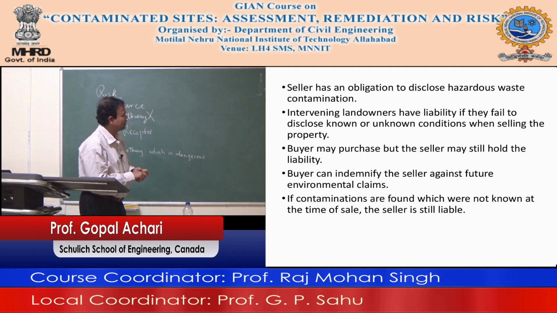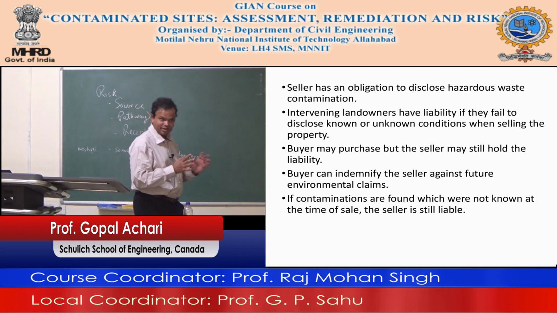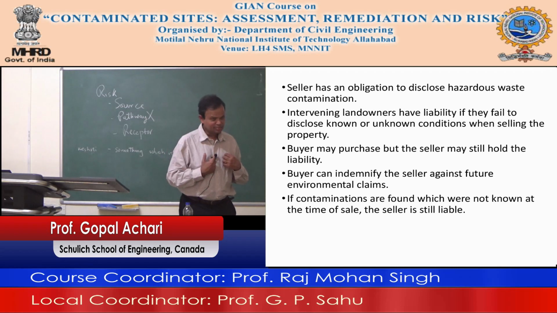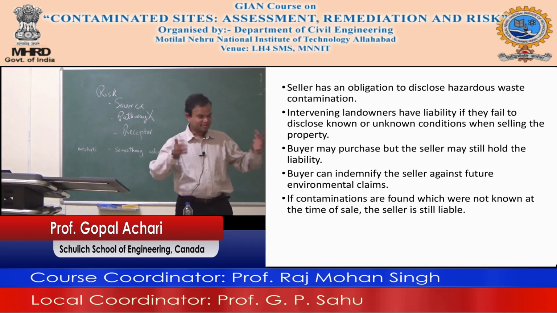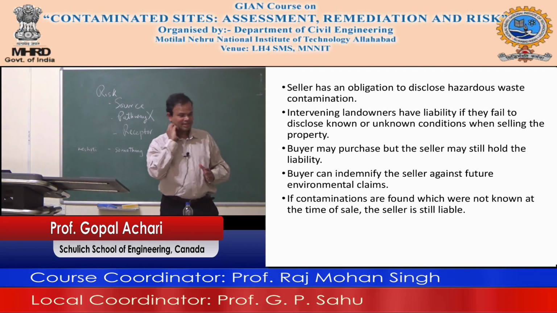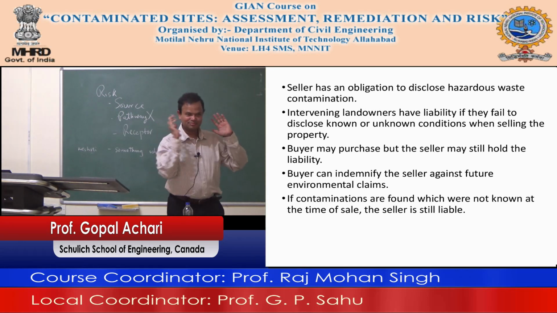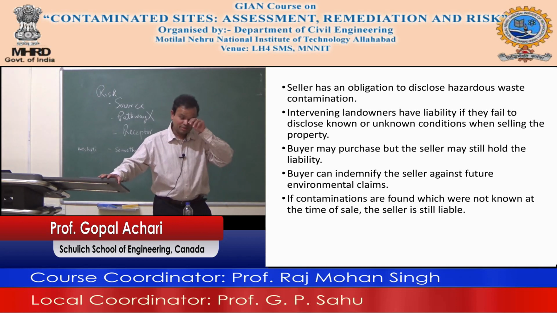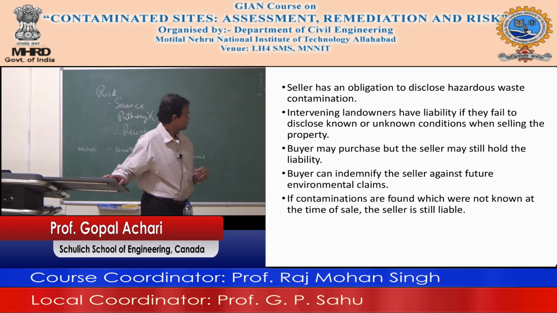The buyer may indemnify the seller against future environmental claims. We may have an agreement where I know it is contaminated, but I'm selling it to you at, let's say, one-tenth the price of the land, but you now hold the liability, right? So I'll say, okay, I'll give it to you at a dirt cheap price, but then you hold the liability.